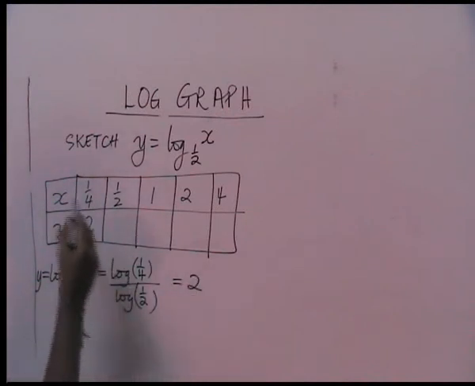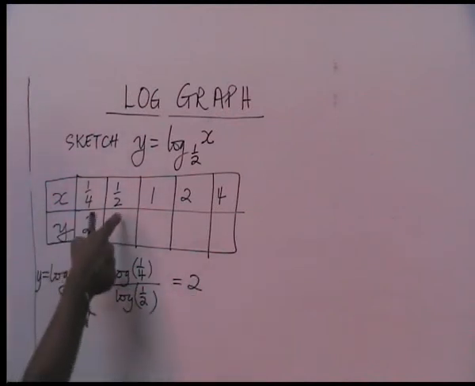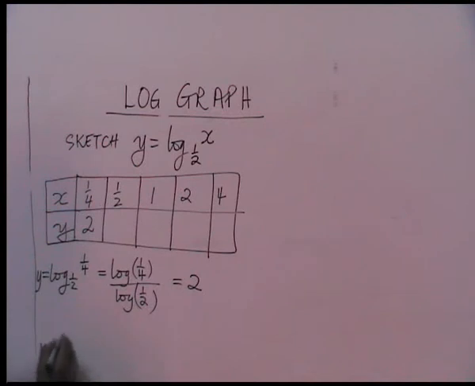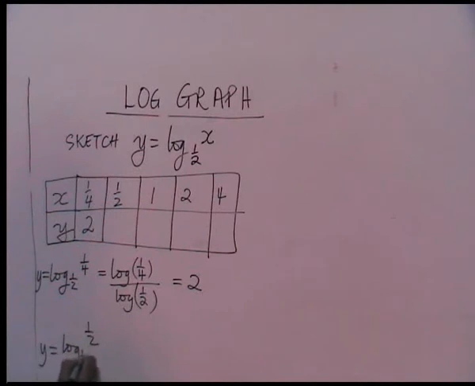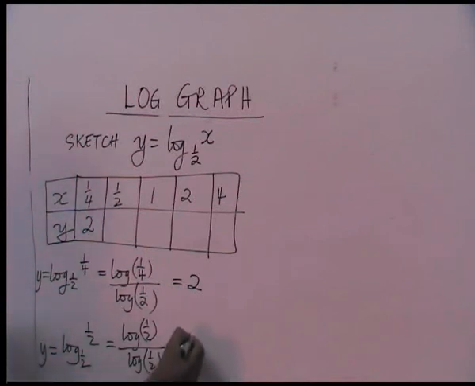So the answer is 2. The next one will be y is equal to log of half to the base half. You change the base here, it becomes log of half over log of half, and when you put that into the calculator, you get the answer 1.